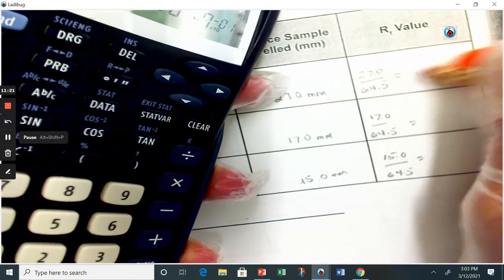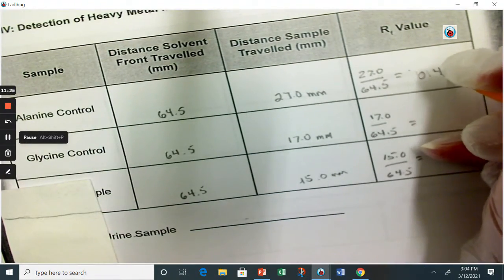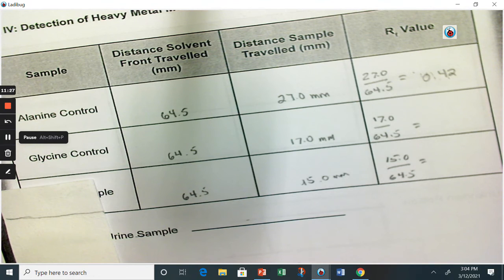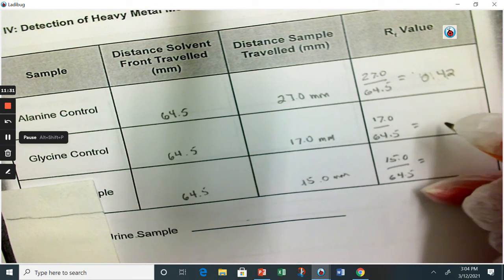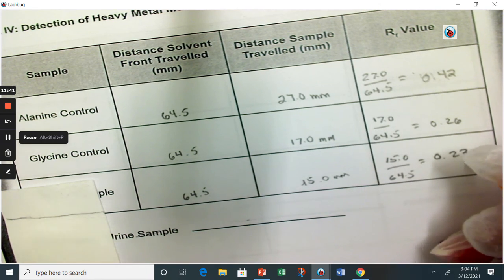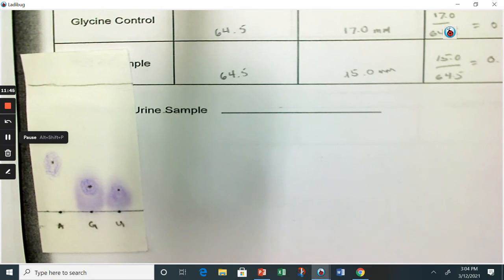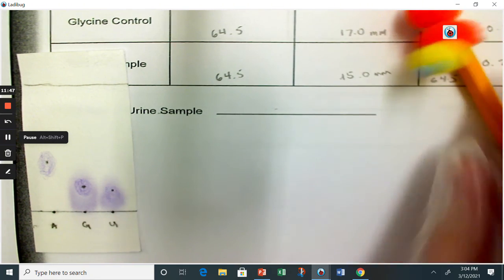I'm like, no, it's not 41.9. This is 0.26. This is going to be really close to that, a little bit less. 0.23. These are close, so you can make your decision as to what amino acid is there.